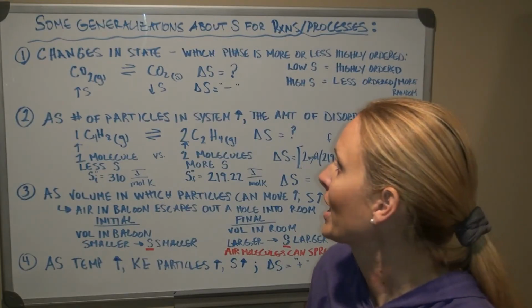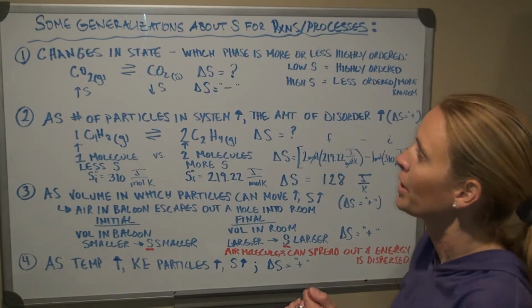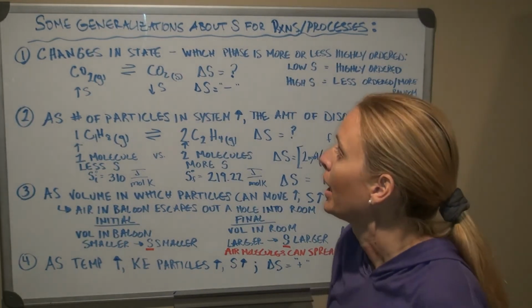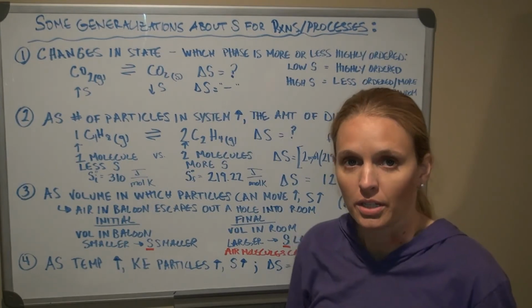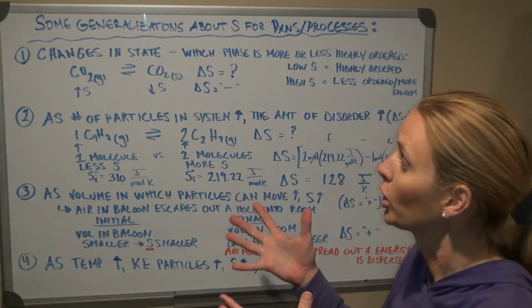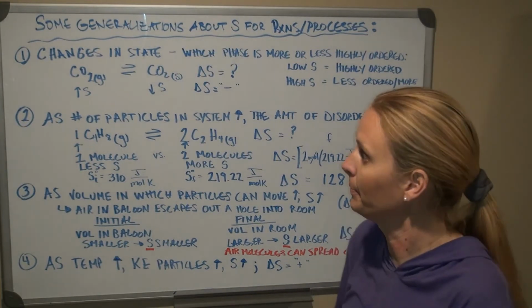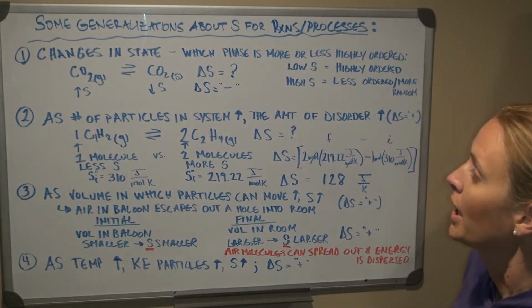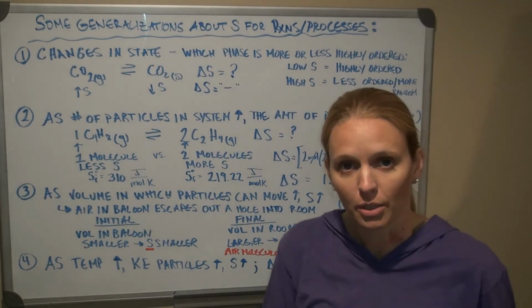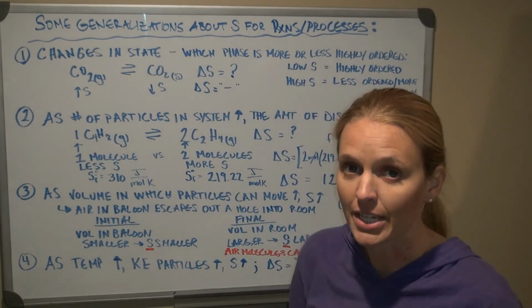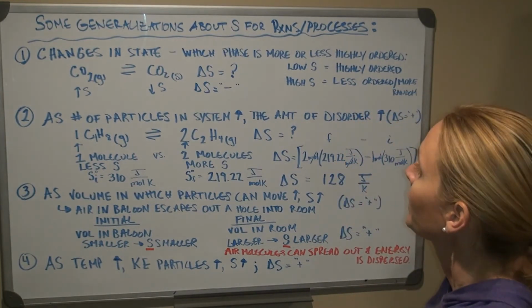We're going to take a look at some generalizations about entropy for some reactions or processes, and we can use these generalizations to predict if entropy is increasing or decreasing just by looking at the reaction equation or the process that's occurring. The first one is an example that we've already taken a look at, which is changes in phase or state.